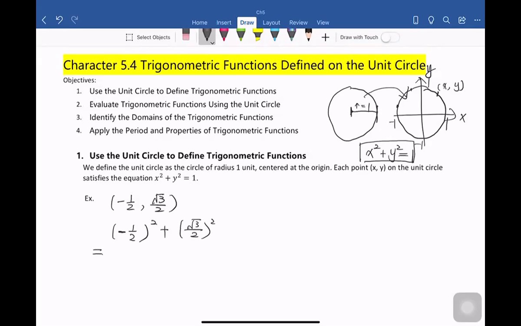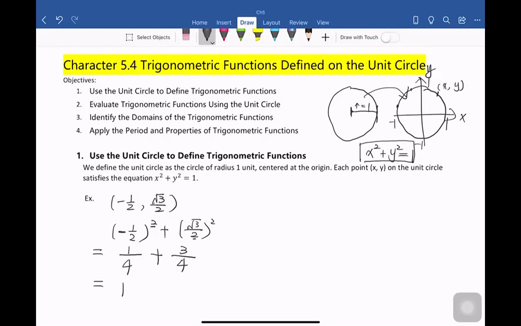The negative number squared becomes positive, so this is 1/4 plus 3/4. This is 1.